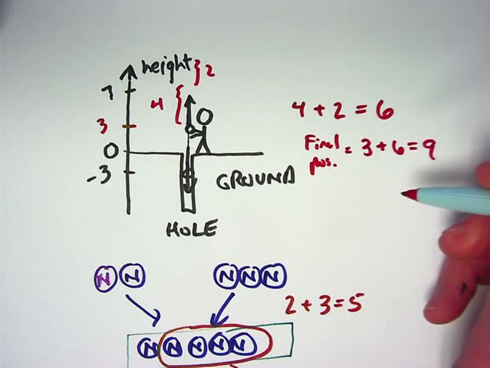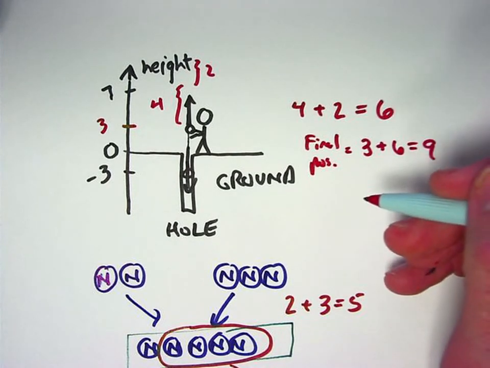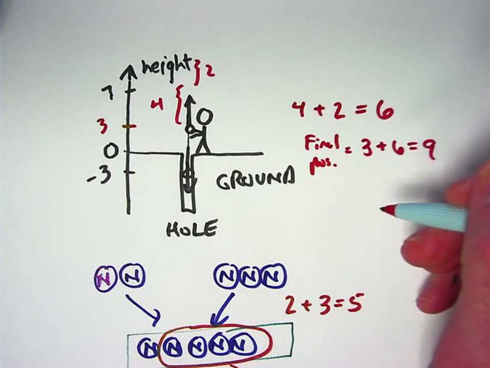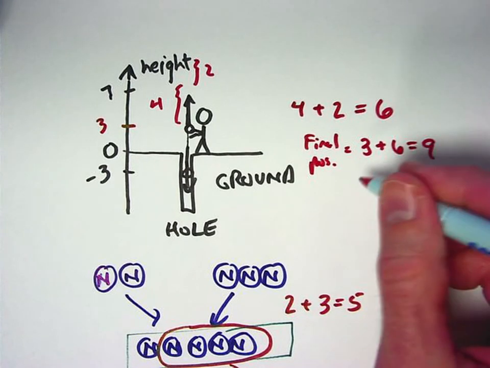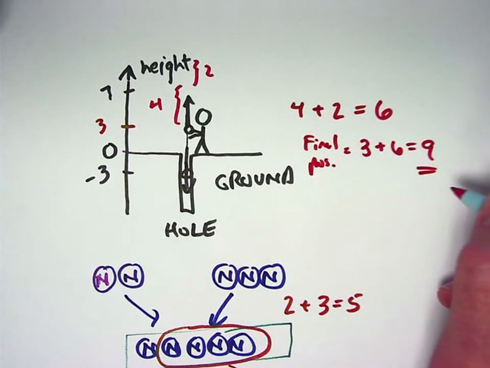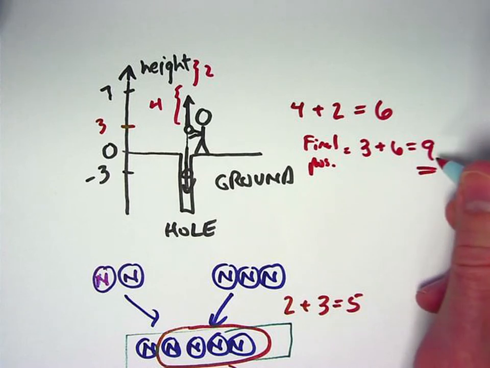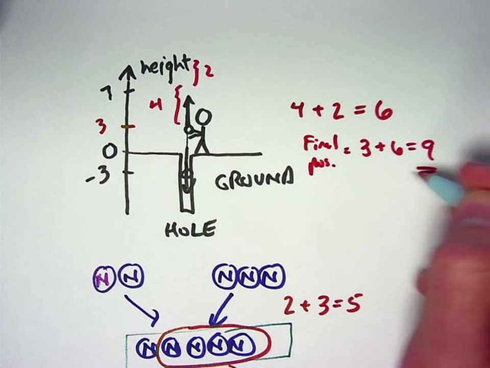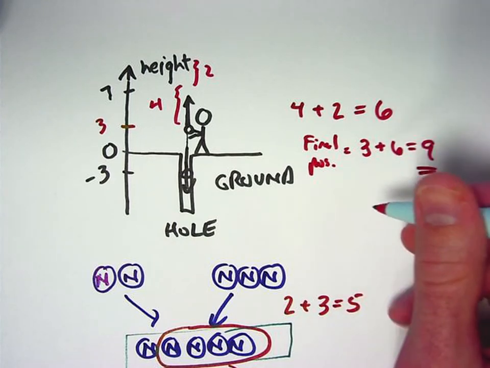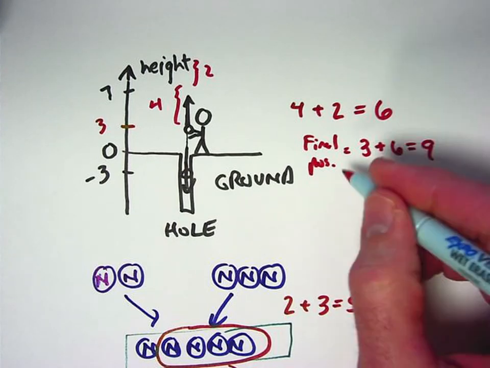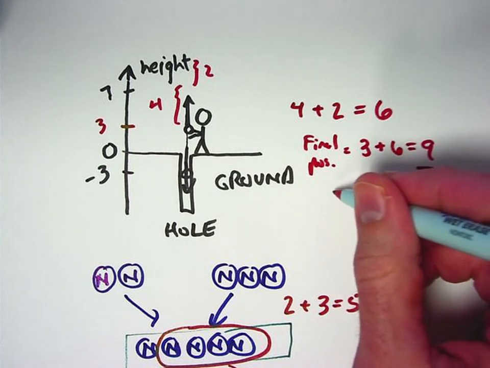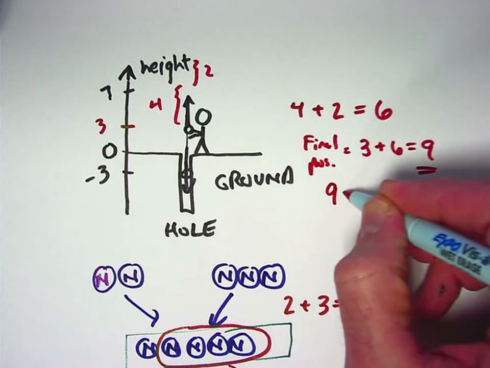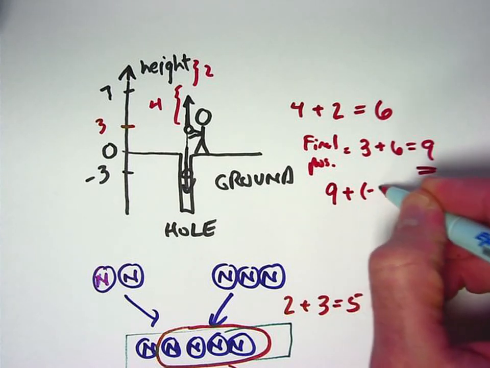When it's traveling down, if you want to find the new height after that point, you can think of that in terms of subtraction, but you can also think of it as addition of negatives. For example, it's up at height 9 right now. Let's say now that's the top of its motion, and now it starts coming back down. If it goes down by, say, 5 feet after a certain amount of time, you can figure out its new position, if you like, by either doing 9 minus 5, or you can think of it as 9 plus negative 5.